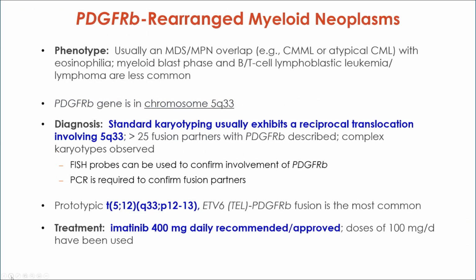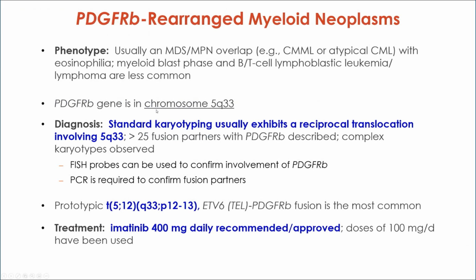The other myeloid lymphoid neoplasm with eosinophilia is driven by platelet-derived growth factor receptor beta. Now, this one is actually seen by looking at the chromosomes, because not too many centers have a FISH for PDGFR beta. This is chromosome 5q33.